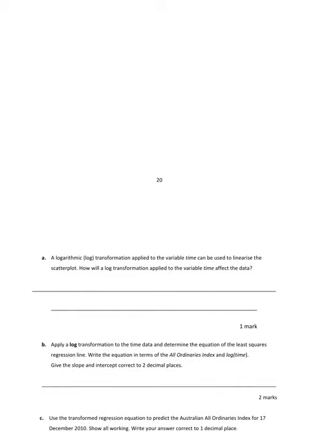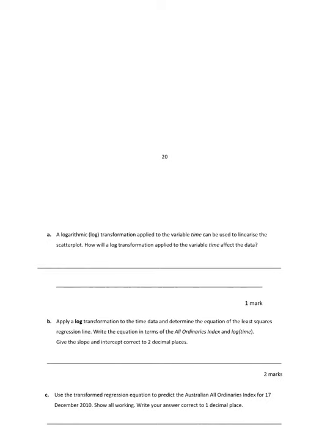Can we use it to linearise the data scatter plot? How will a log transformation applied to the variable time affect the data? If you ever use a log transformation, that's going to compress the data, or compress that variable. So it's just going to compress the time variables.